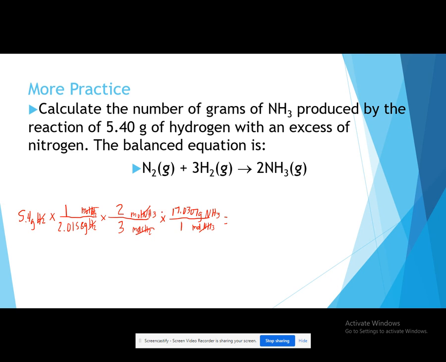You can go ahead and solve across. 5.4 divided by 2.0158 times 2 divided by 3 times 17.0307 gets you about 30.4149165. And I'm going to go ahead and round to 30.4 grams. And then make sure you include your unit. You have to include NH3 so I know that's what compound you're talking about.